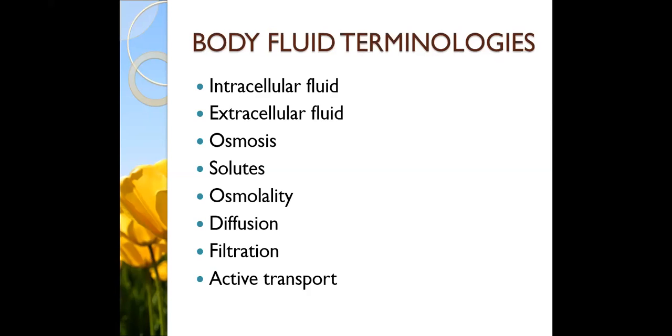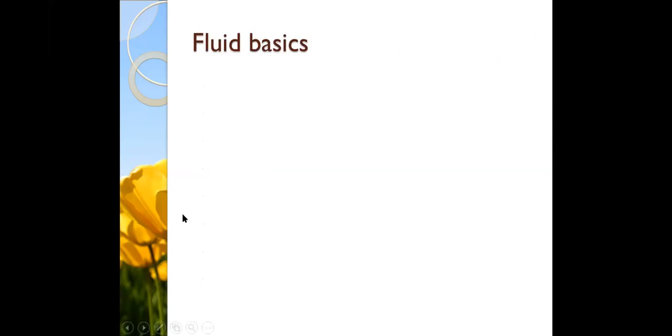Now we go to the next slide, and the next slide is the fluid basics. Let's have an overview of fluid basics in our body. About 60% of our body weight in males and 55% in females contains water, and among them 40% is intracellular fluid, while 20% is extracellular fluid.